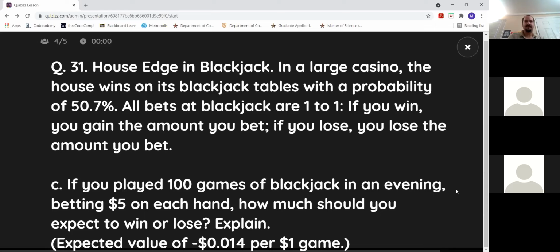So if it's 5 times the amount, and it's 100 times the amount of games, it is exactly kind of how I'm saying it. Times, right?